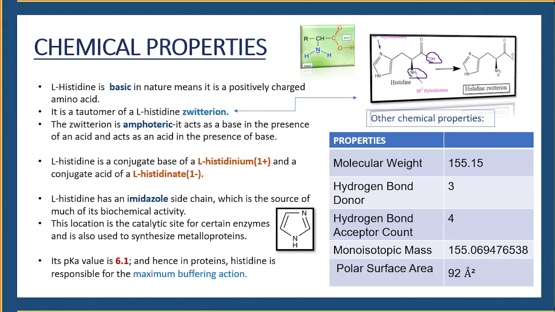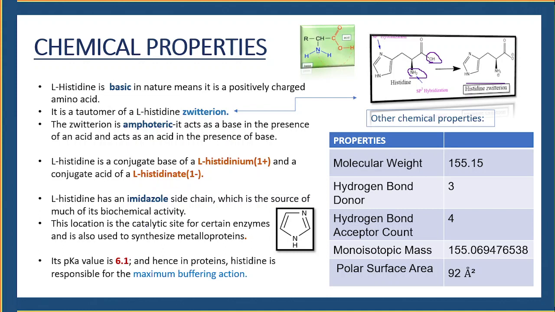So it becomes the zwitterion. The zwitterion is amphoteric. It means that it acts as a base in the presence of acid and acts as an acid in the presence of base. Like L-histidine is a conjugate base of L-histidinium and a conjugate acid of the L-histidinate ion.